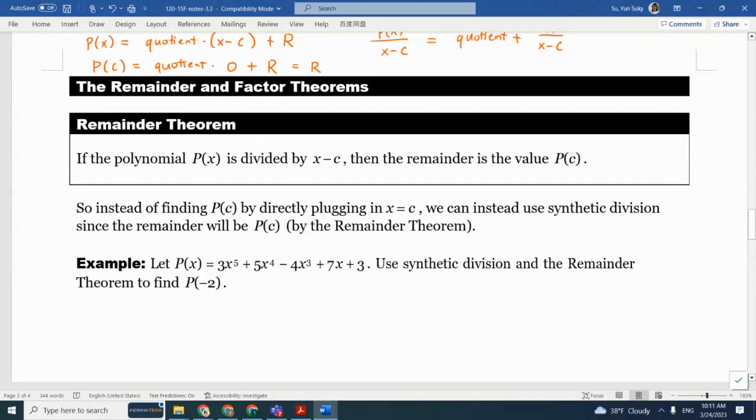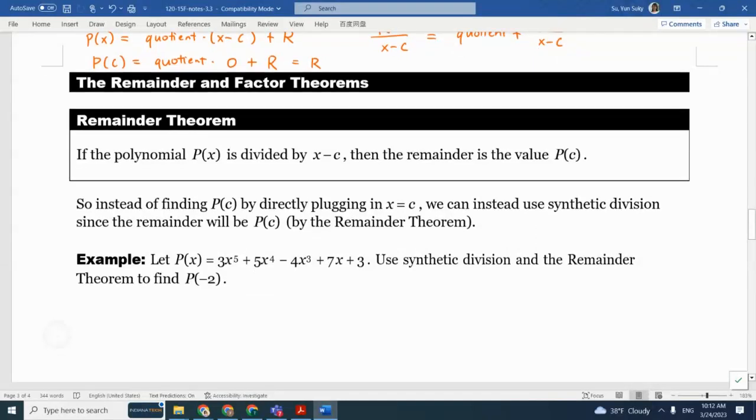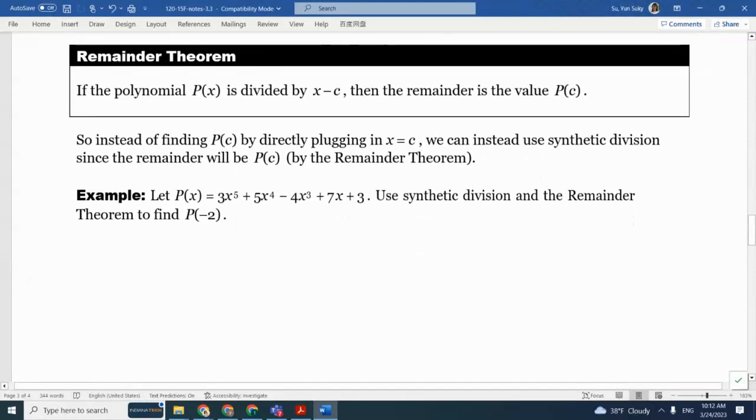Because it's a big polynomial, you plug in 3 times -2 to the 5th, plus 5 times -2 to the 4th, etc. But now the problem says we want to use synthetic division and the remainder theorem.